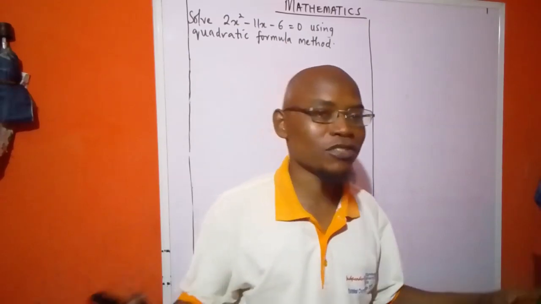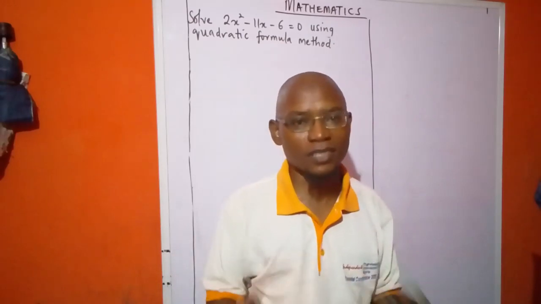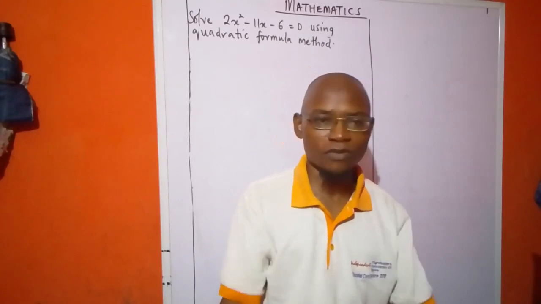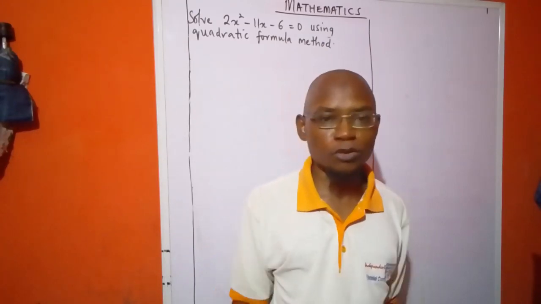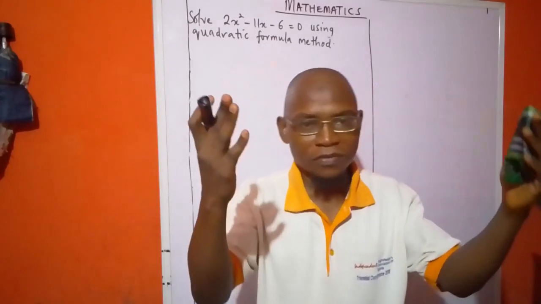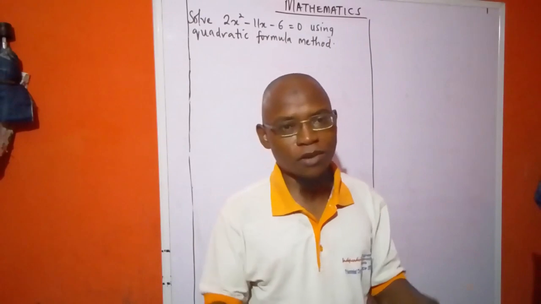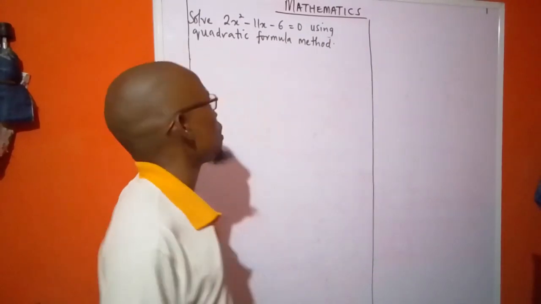It's a very straightforward method. I can even say it is the simplest out of the three methods that we've discussed so far. It's just for you to memorize the formula, put it down, and you are good to go. All right, so let's see what we have here.